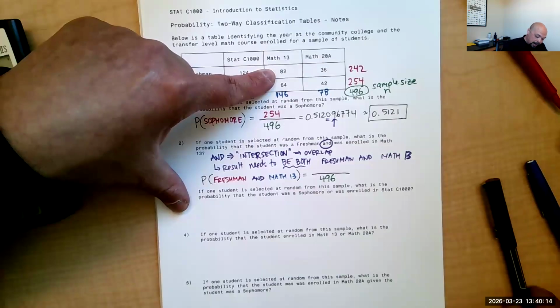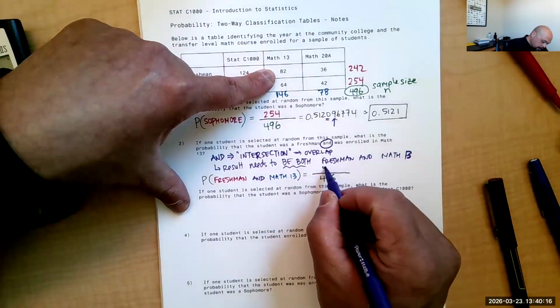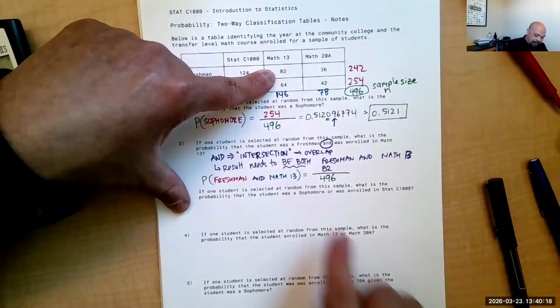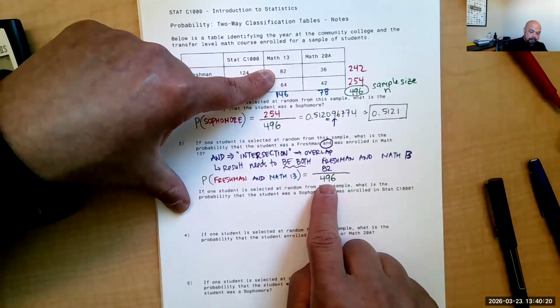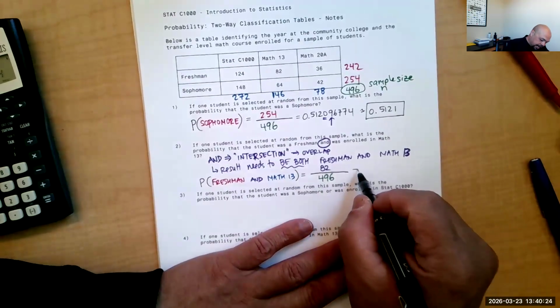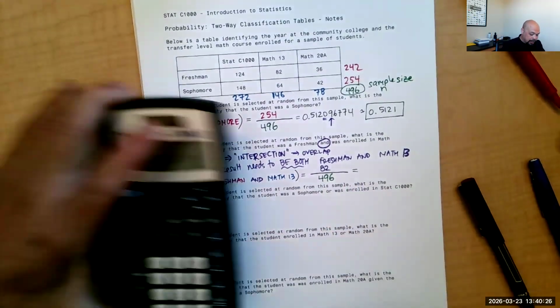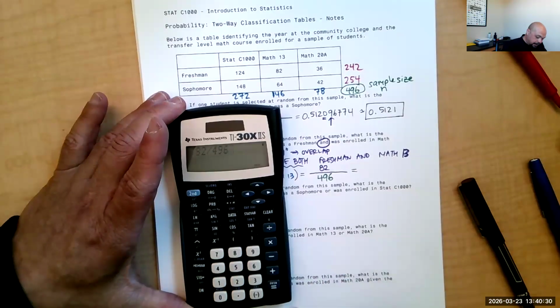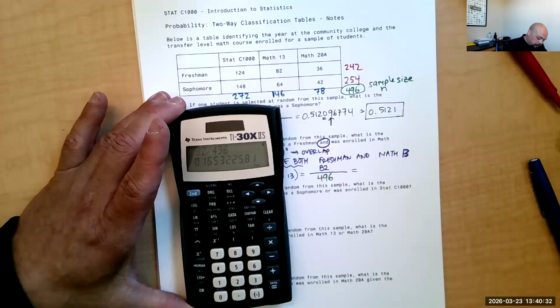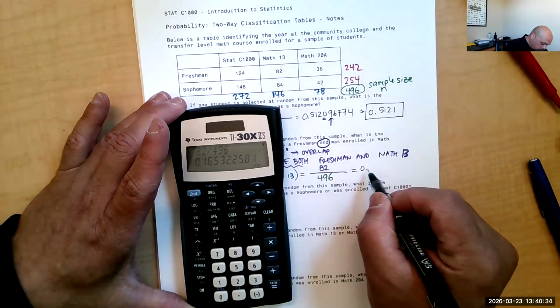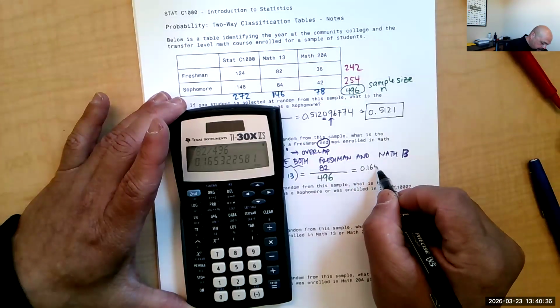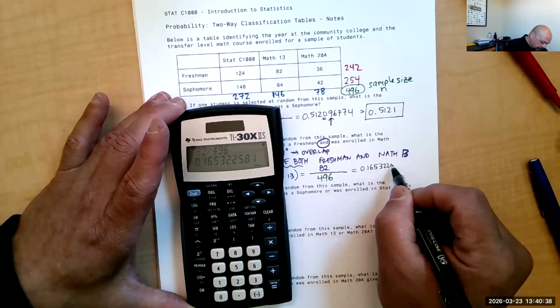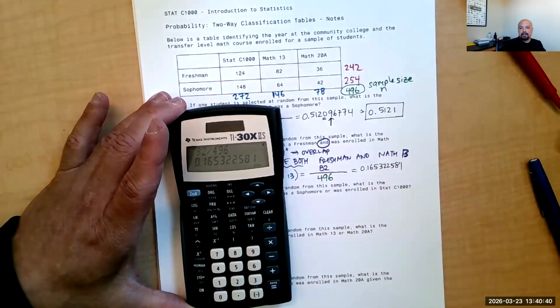So in that grouping, we have 82 out of that 496. And now there's our fraction to calculate. We can do the long decimal calculation, 82 divided by 496. The long unrounded decimal is 0.16532258.